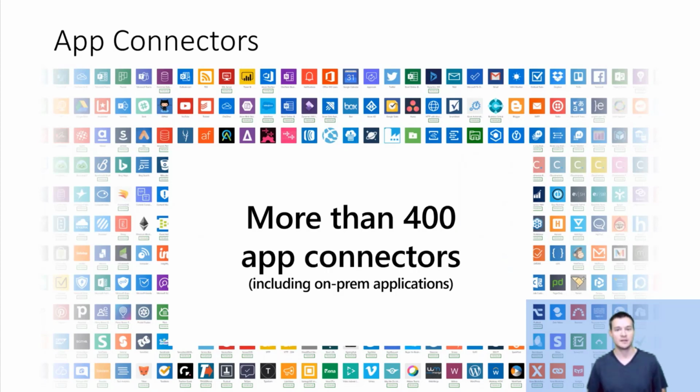Sometimes even if there is no connector present, we have over 400 of them right now, we can try to use the HTTP connector that helps us integrate with solutions that have REST APIs available. So only if there is no way to integrate that piece of software into our logic, we can think of using RPA.